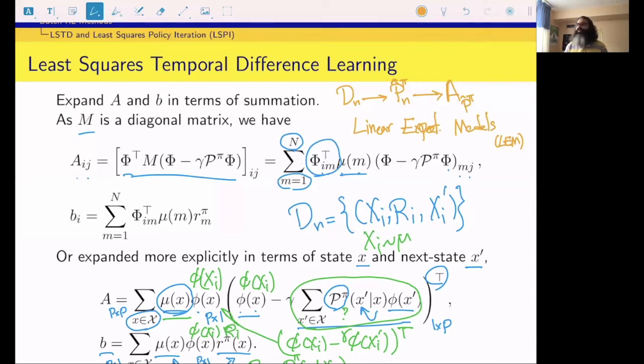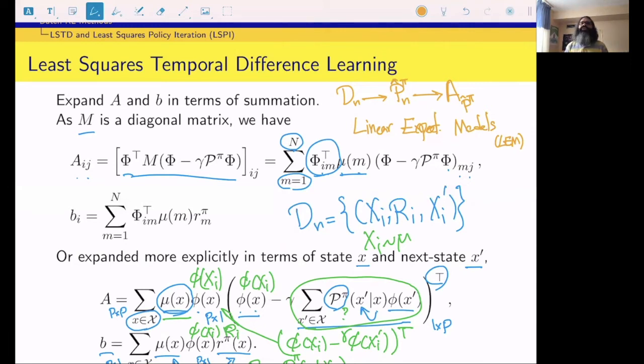There is some detail, but that's the idea. Doing that would be the same as doing LSTD with the same features. So if you use phi for LSTD for value function approximation, and use the same phi to define this linear expectation model, then the solution would be the same.